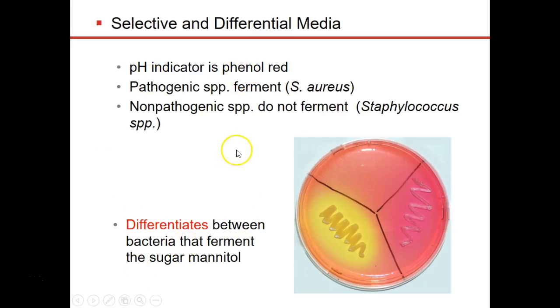and when the pH drops, the agar turns yellow. So this occurs when bacteria utilize mannitol for their carbohydrate.